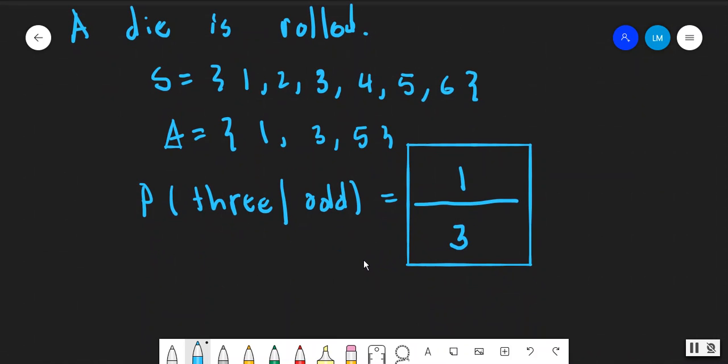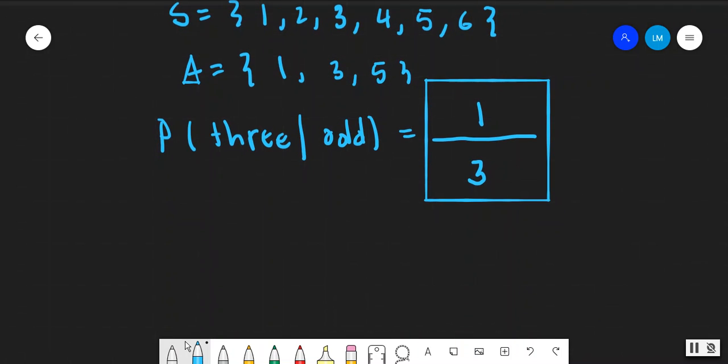Now, another way that we can look at it is by looking at the formulas.